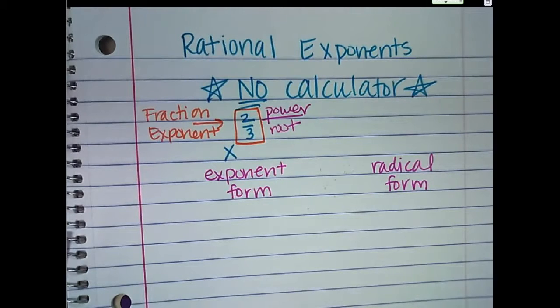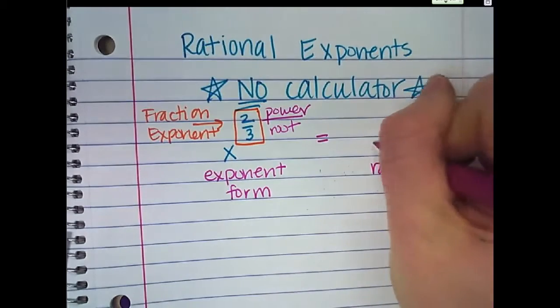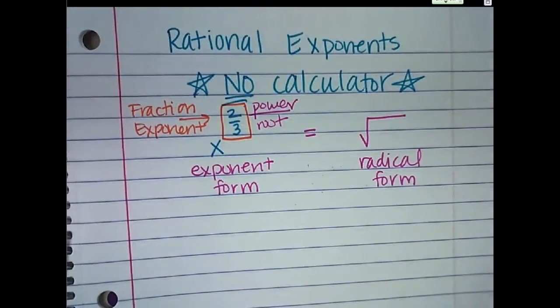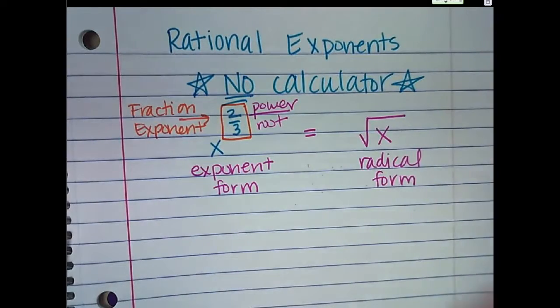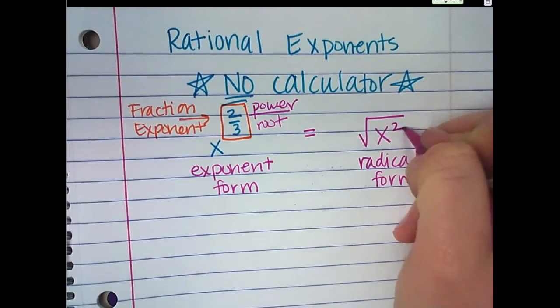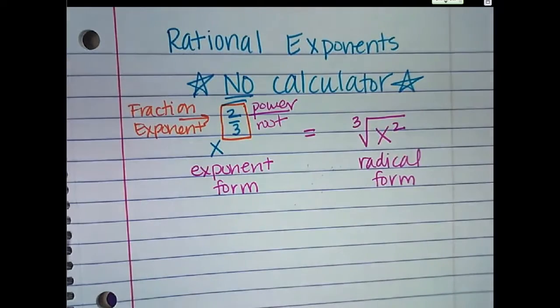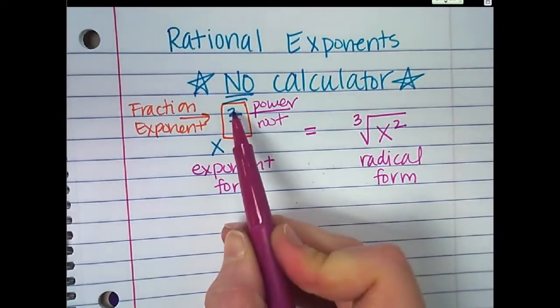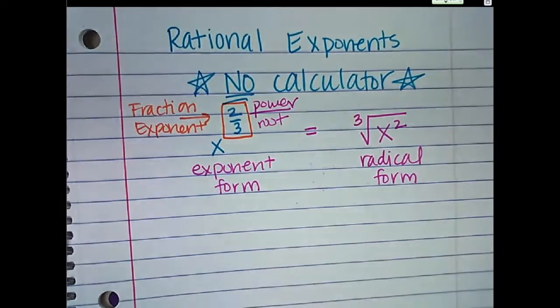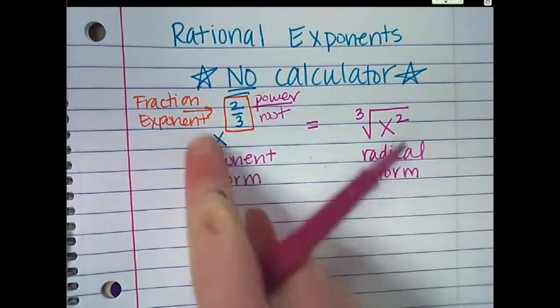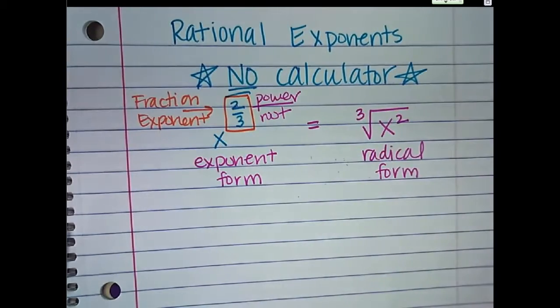So when I rewrite it into a radical, here's my power, 2, and here's my root, 3. The top number goes inside, the bottom number stays outside. You're going to be doing a lot of going from this to this today, and then we'll simplify it.